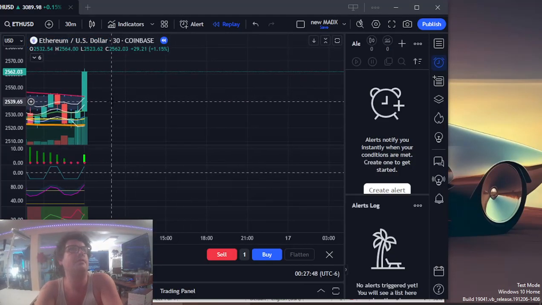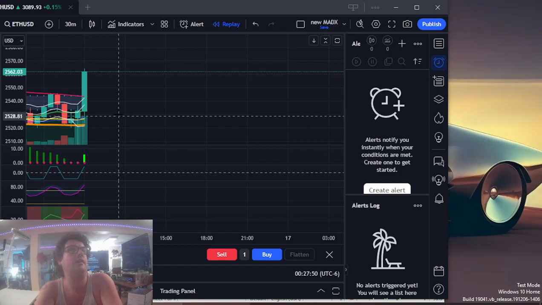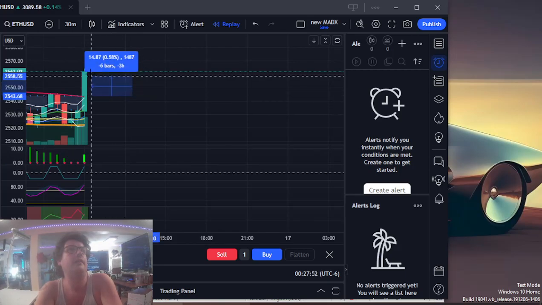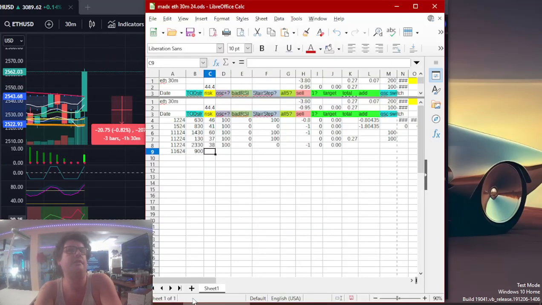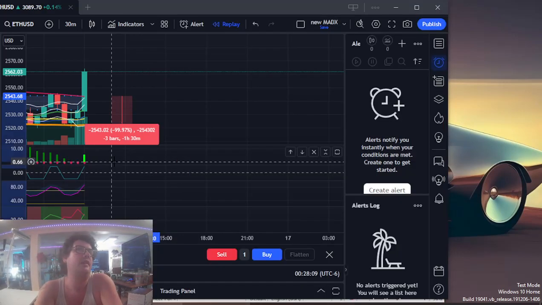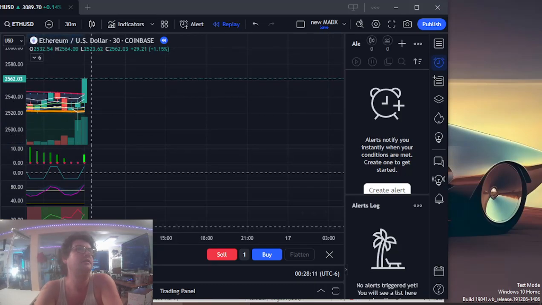Most of it's above that moving average, so we are going there. 72. Nice big one. This is an oscillator switch, uptrending. 1, 2, 3, 4, yup, we don't have bad RSI, let's see what we get here.